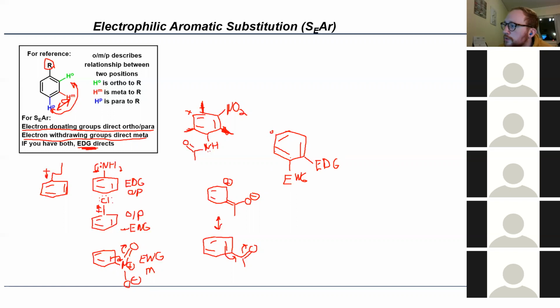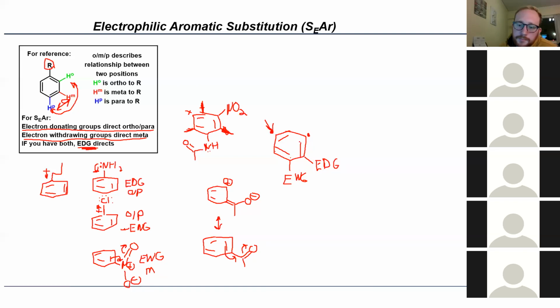Well, I would say likely you would get some preference for the para position because it's less hindered. But you would see that both the ortho and para position to the electron donating group are meta to the electron withdrawing group, so they're electronically very similar. So I would say here is your best bet.